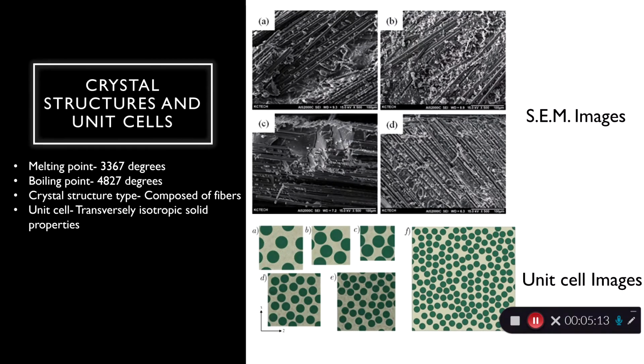The radius of these unit cells is typically around 2.5 to 5 micrometers. The top right images are scanning electron microscope images of carbon fiber, while the bottom right images are a couple examples of the unit cell of carbon fiber, giving you different visuals of carbon fiber that you may not have seen before.